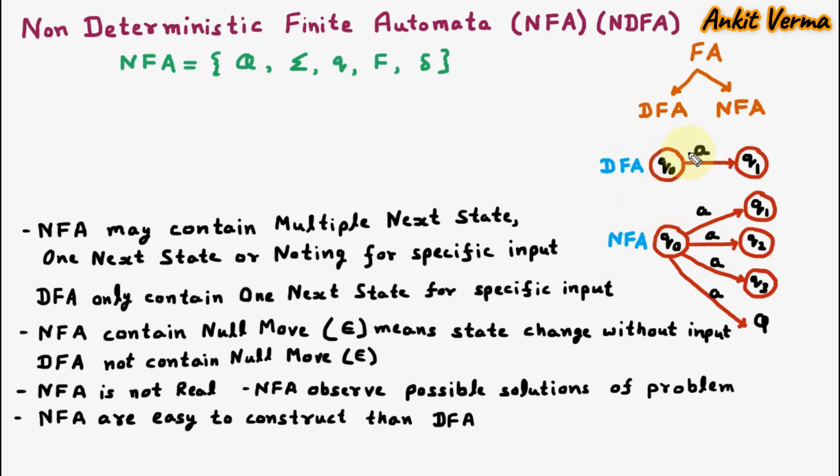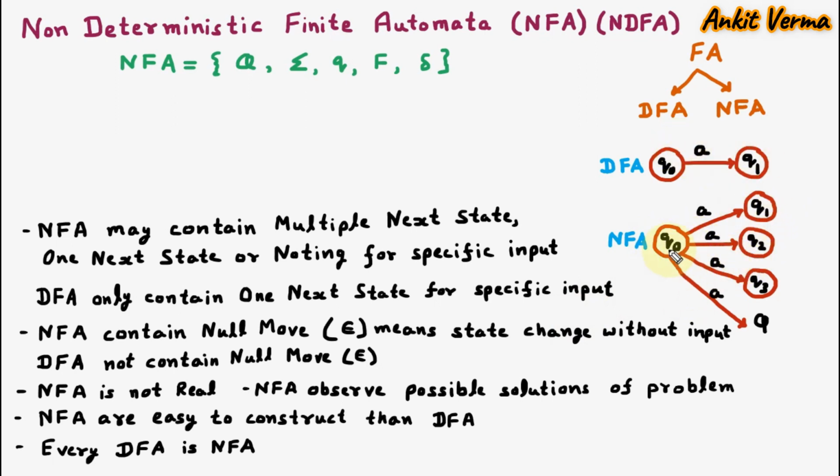In DFA, for an input from one state we can go to only one next state. But in NFA, for a specific input we can go to the multiple states or one state or nowhere. That means DFA is the part of NFA, or we can say that every DFA is a NFA. But we can also convert NFA to DFA.